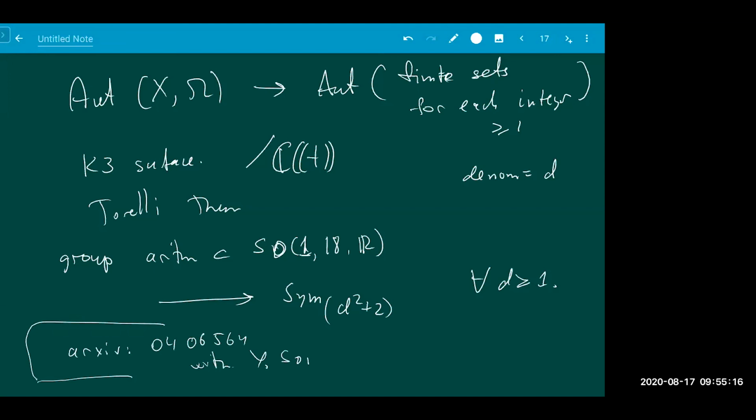Yes, I should write Z and not R. It's an arithmetic subgroup in a real group, but it's some version of SO(1,18)(Z) here. So there's this construction which is pretty interesting, and it hasn't been studied yet. One can even do computer experiments with this.